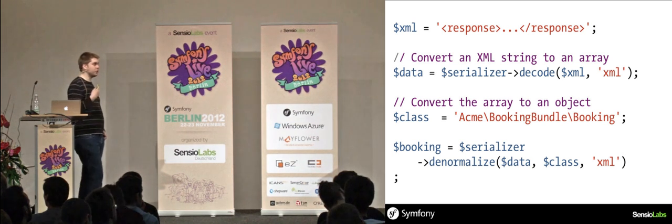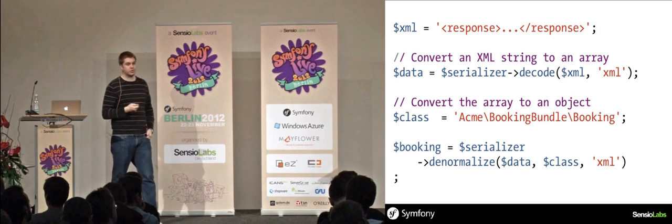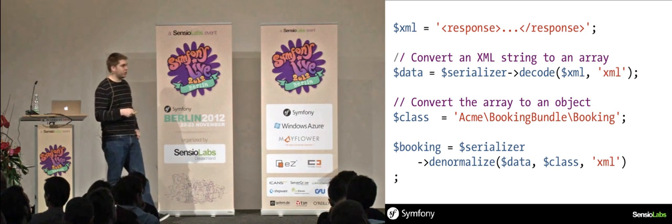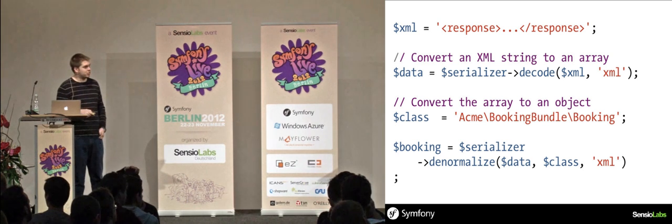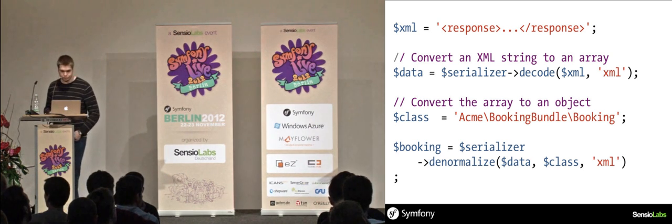So I'm converting my XML representation to an array, and then I will denormalize the array to get my booking object back. I just have to pass the class I want to instantiate.